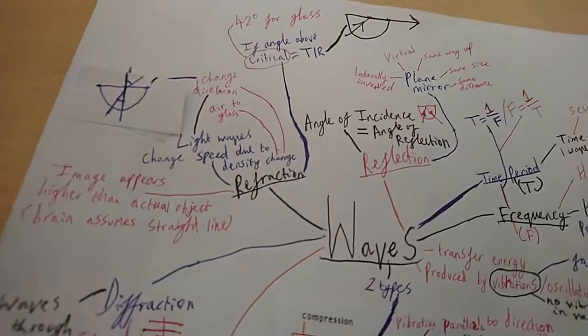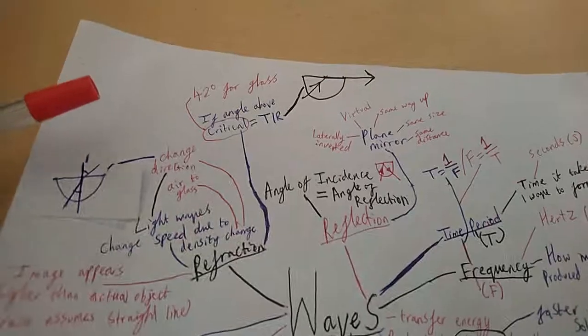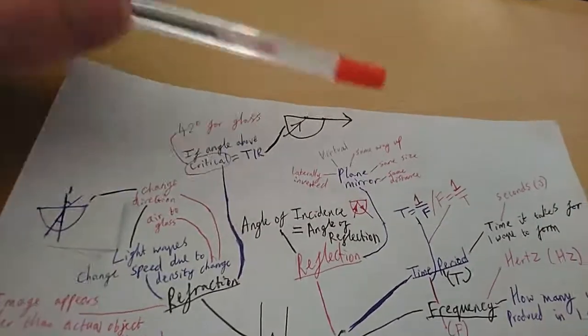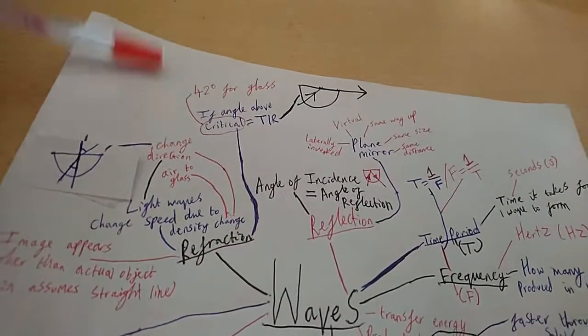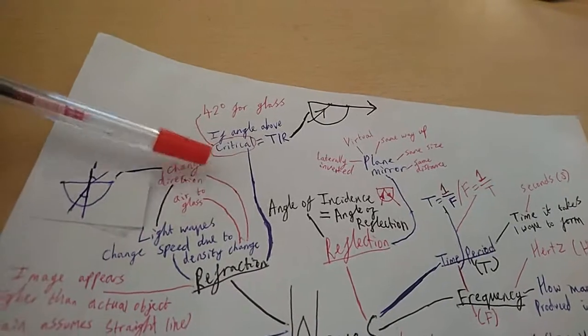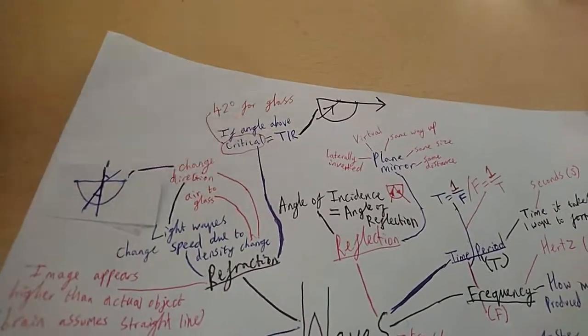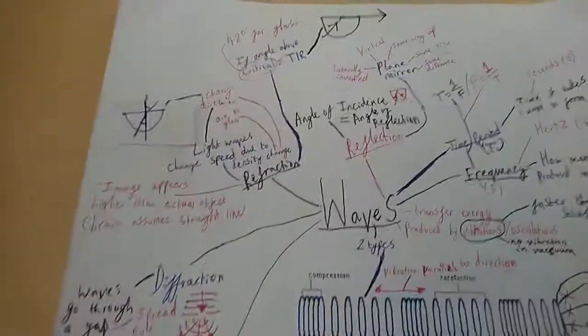So the brain just assumes it's a straight line, even though it's not. And so, total internal reflection, that's what this stands for. So that's basically where it just goes sideways off the top anyway. And that is if the angle of incidence is more than the critical angle. So for glass, for example, that's 42. So if the angle going in is more than 42, it will just go straight like that.